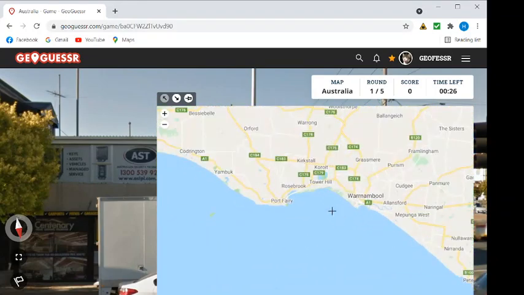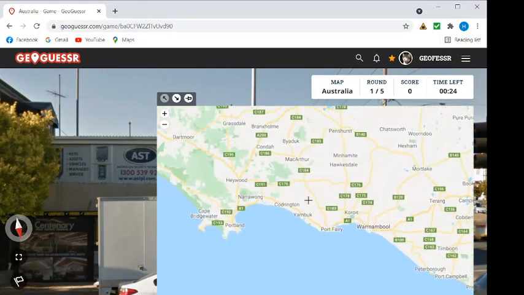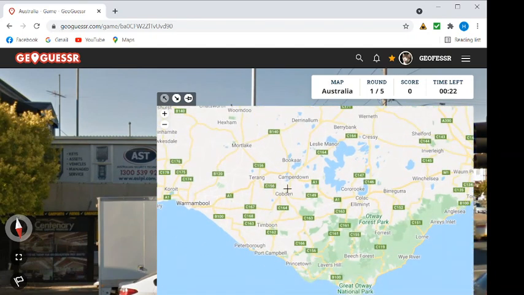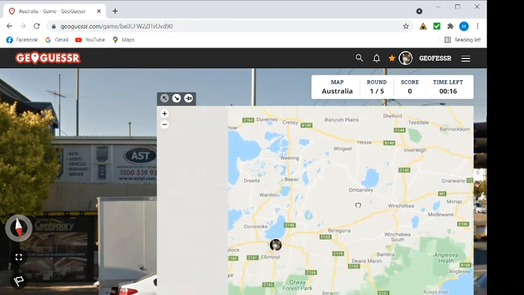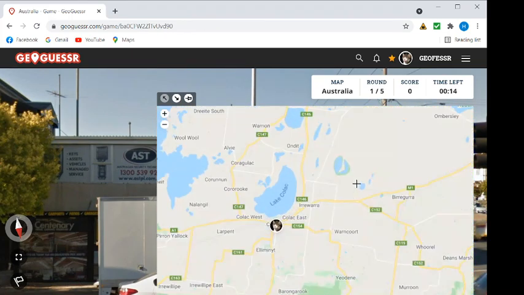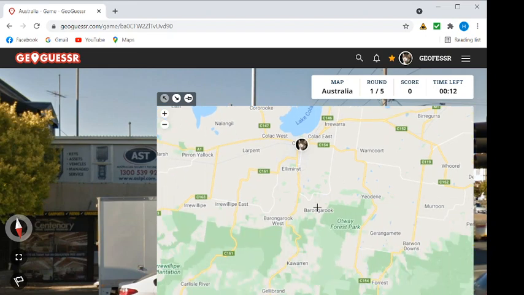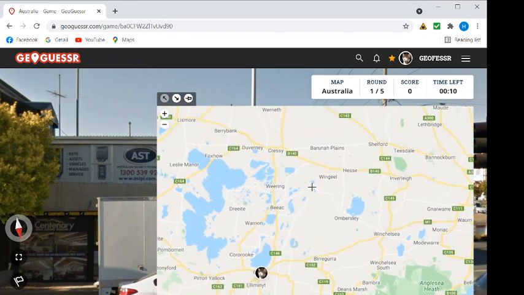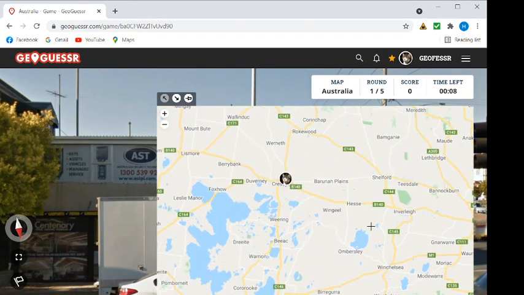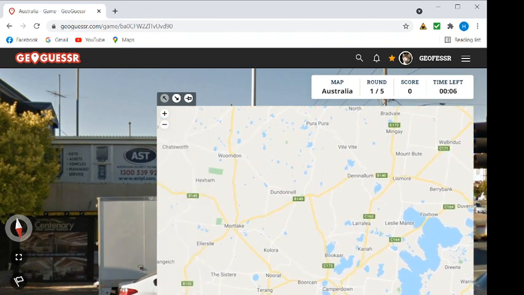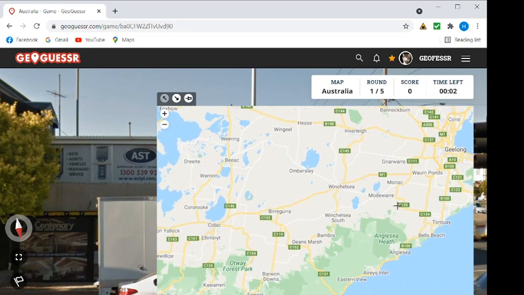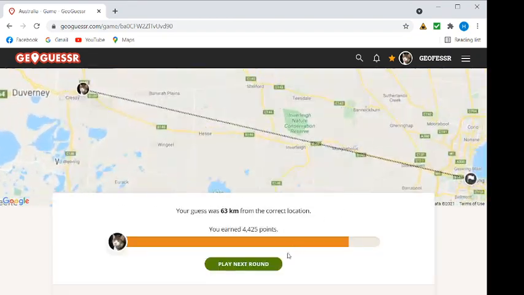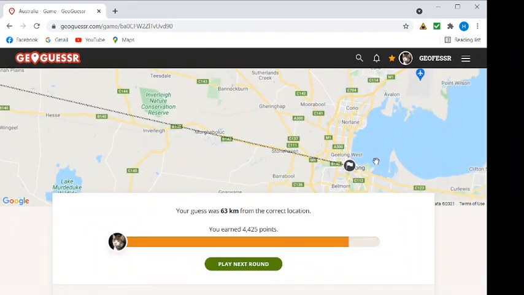Port Arlington. Colac. Hmm. There's Colac. Okay, we had A10 and B140 in the area. Oh, there's B140. Okay, so it was Geelong.